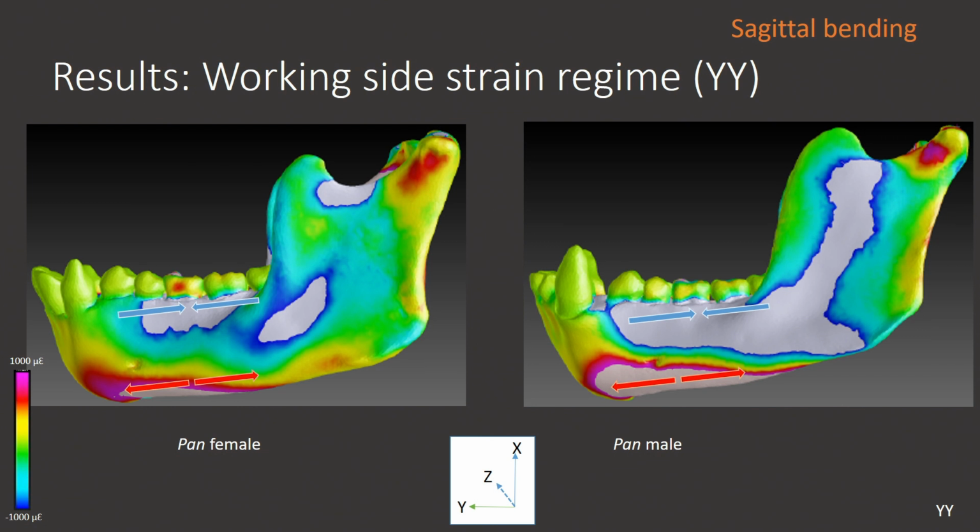Although we have tension along the condylar neck, here and here, there are high compressive strains along most of the buccal aspect of the working ramus.